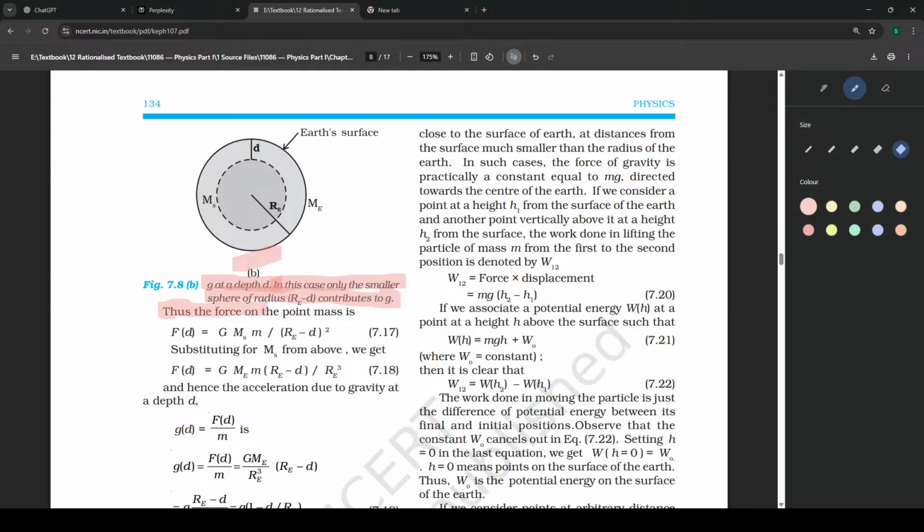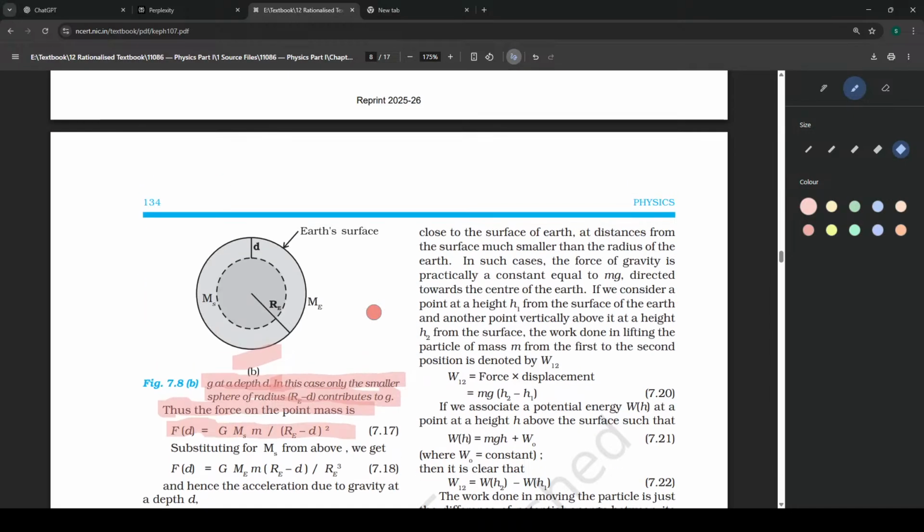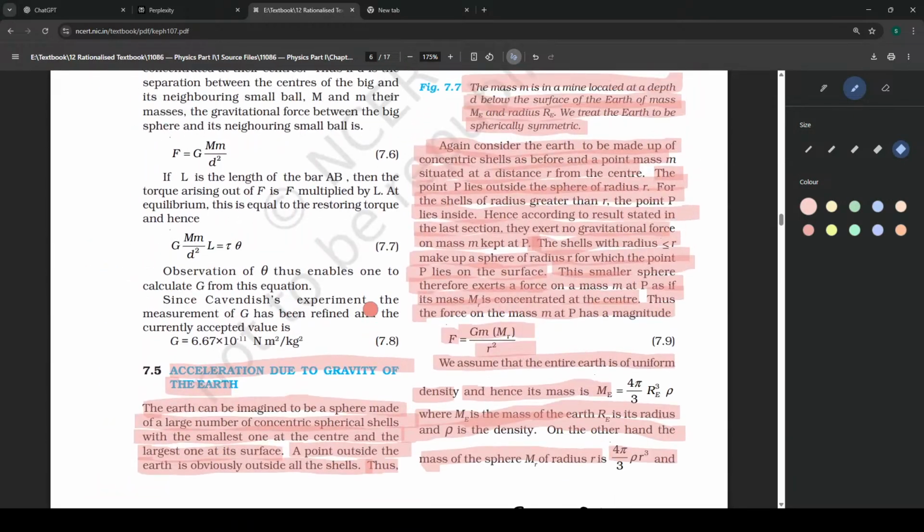Thus the force on the point mass M at depth d is G ms M by (Re minus d) whole square, which is something we got here.